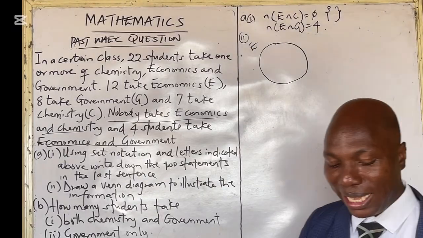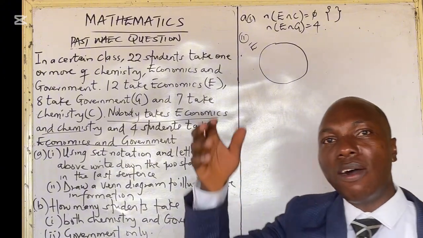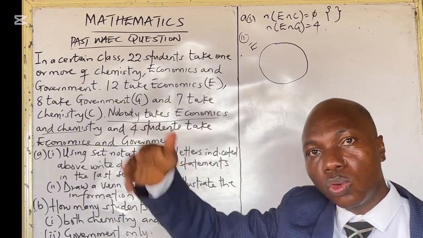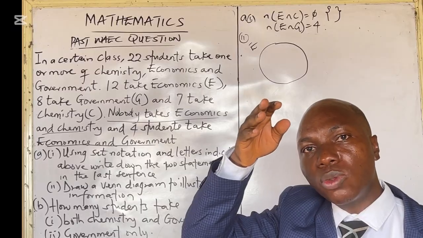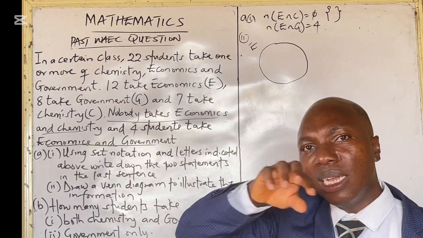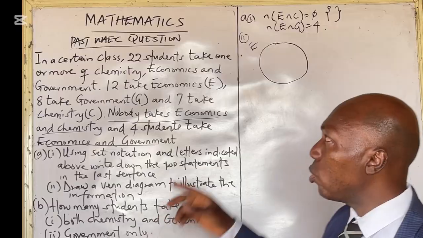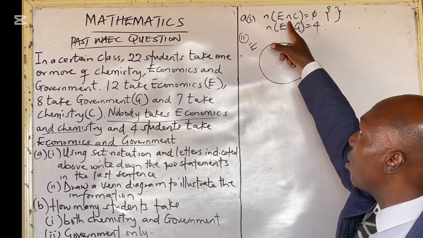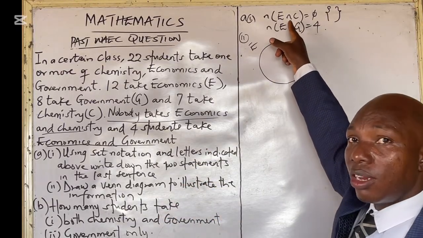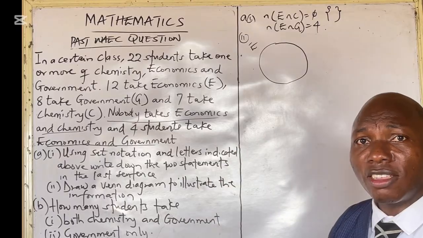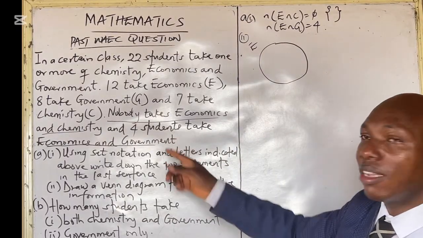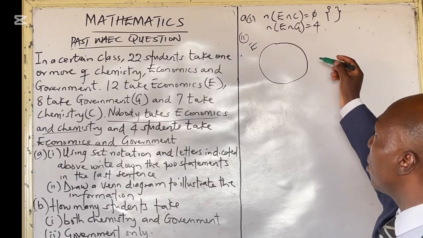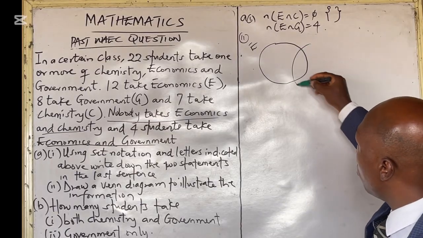But don't forget, in a Venn diagram there are 3 circles, where the number of students that take all 3 subjects will be in the middle. But we are told that economics and chemistry is empty. Nobody takes economics and chemistry. But we are told that 4 students take economics and government.